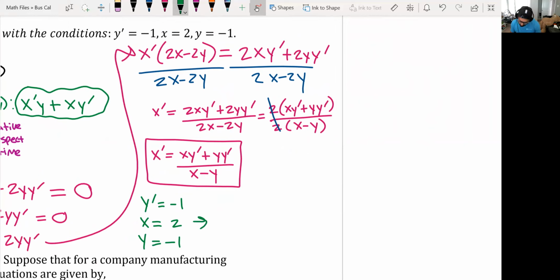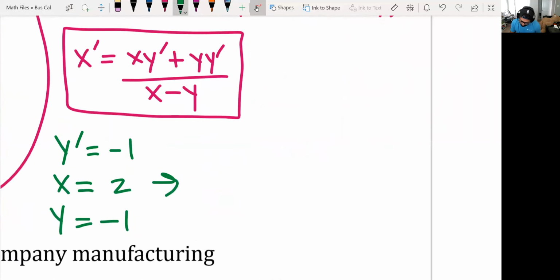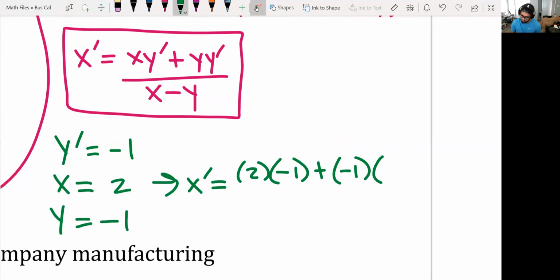So we plug it into the above, and you'll get x prime equals x, which is 2, times y prime, which is -1, plus y, which is -1, times y prime, which is -1.